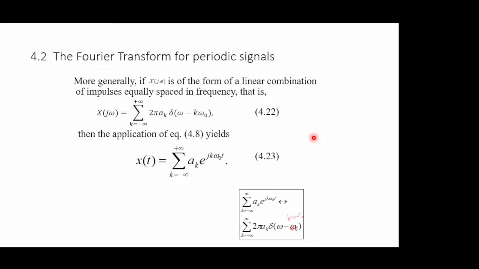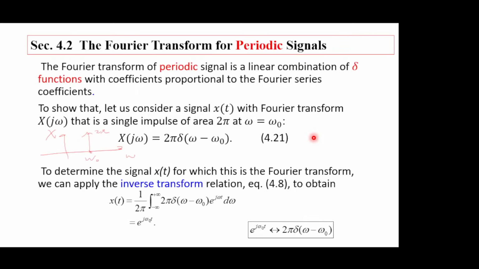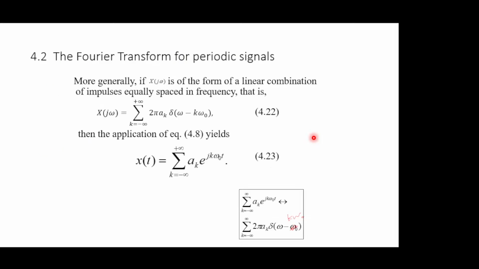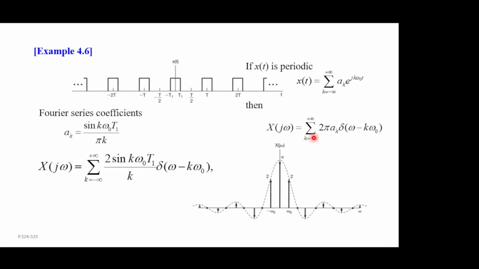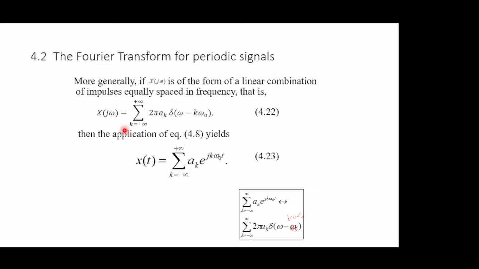If you think a little more about what we did in the previous class, this is not converging, but we are still okay with this because now x of t is periodic. Obviously if you integrate from minus infinity to plus infinity, either its absolute value or its energy is not going to converge.